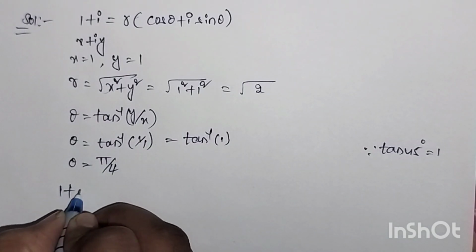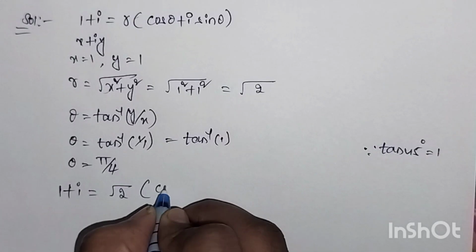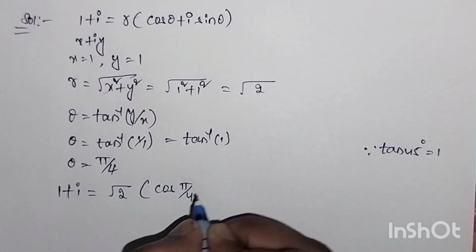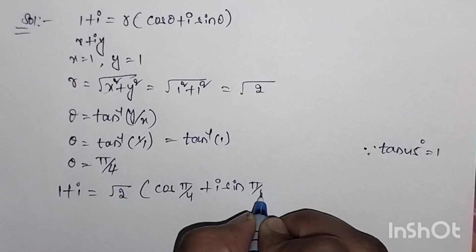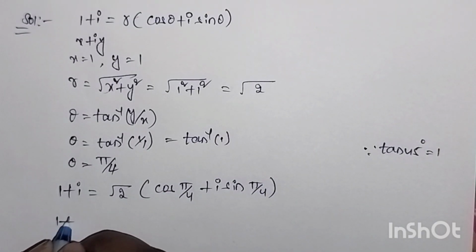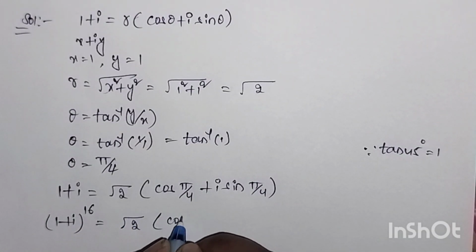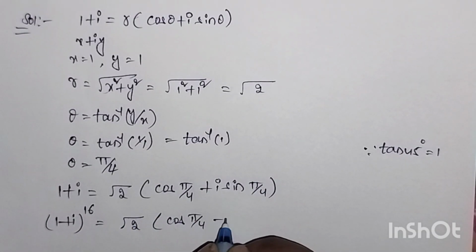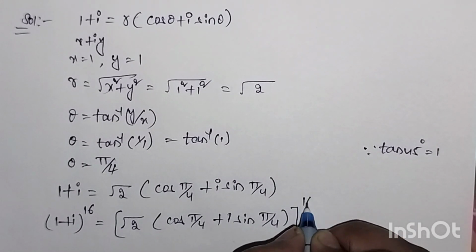So 1 plus i equals root 2 of cos pi by 4 plus i into sin pi by 4. 1 plus i whole to the power 16 equals root 2, cos pi by 4 plus i into sin pi by 4, whole power 16.